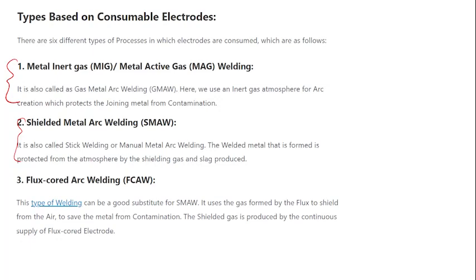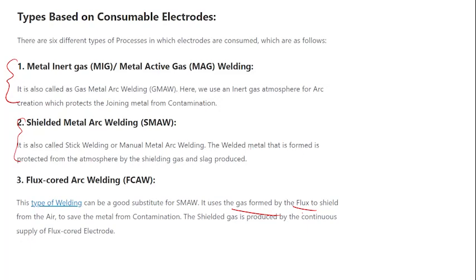The third type is flux cored arc welding. In this you choose your flux material so that while melting it will itself generate some gas, and that gas will act as a shield from the atmosphere.